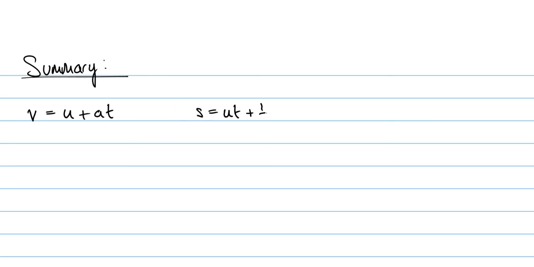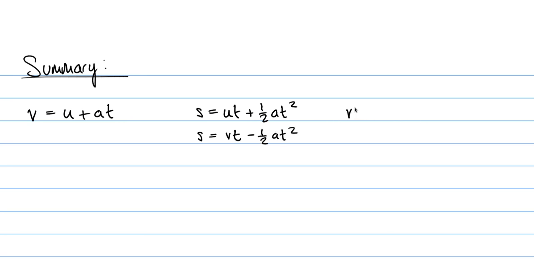So, in summary, let's write out all the different SUVAT formulas we know now. We got the easy one, v equals u plus at. Then we've got s equals ut plus half at squared. S is equal to vt minus half at squared.